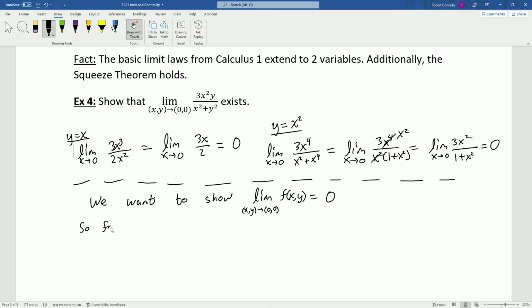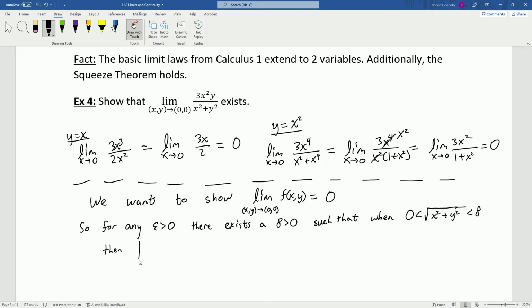So for any epsilon greater than 0, there exists a delta greater than 0 such that when the distance from (x, y) to (0, 0), which is just the square root of x squared plus y squared, is less than delta, then the absolute value of the function minus L, which is just 0, is less than epsilon.